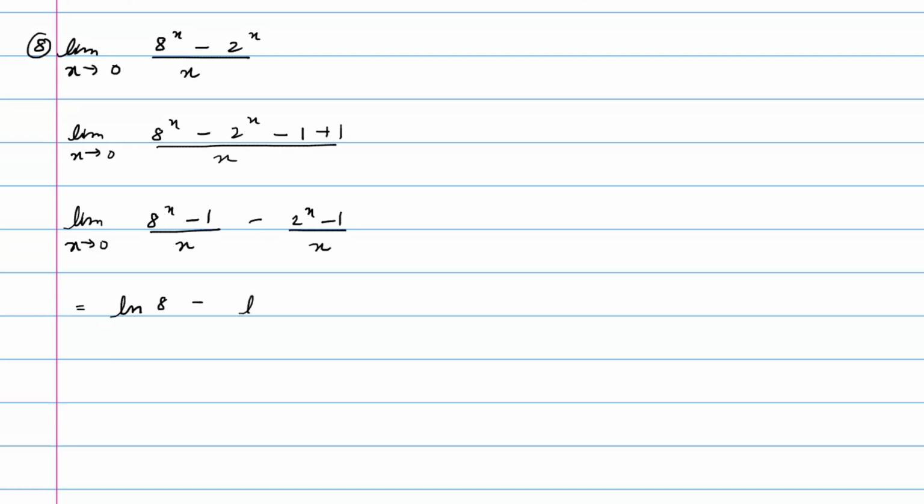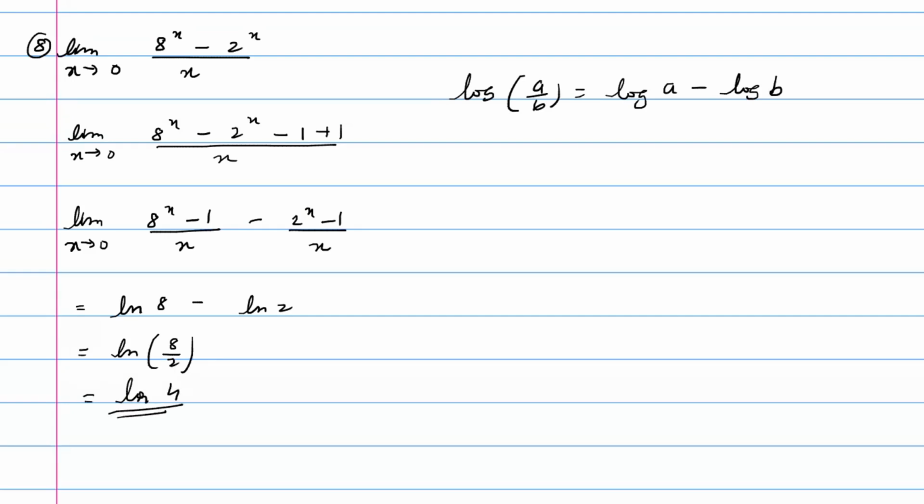So this is ln 8 minus ln 2. Now we know the property log a minus log b, so this is ln of 8 by 2. So ln 4 is the answer.